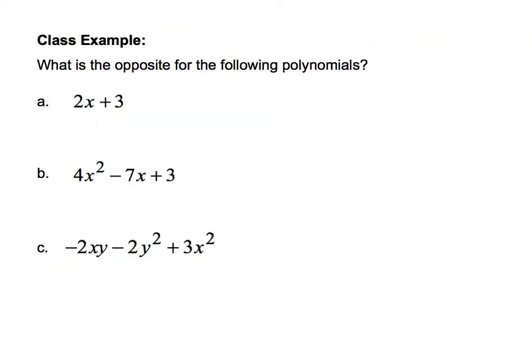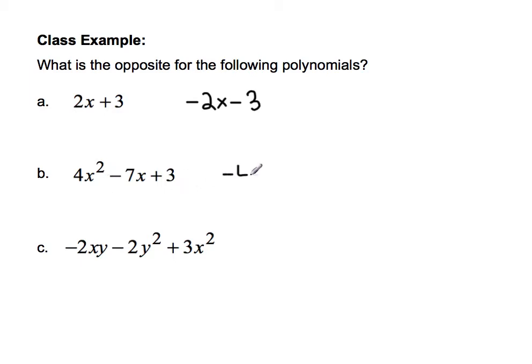Well, let's take that concept and put it into polynomials. If I want to zero out a positive 2x, I need negative 2x. And if I want to zero out a positive 3, I need a negative 3. So negative 2x minus 3 is the opposite of 2x plus 3. Same thing with 4x squared minus 7x plus 3.